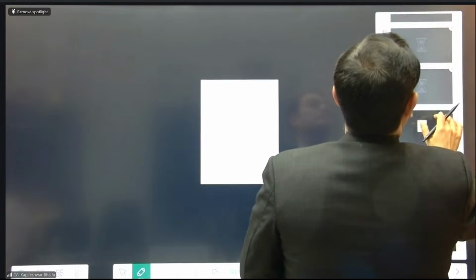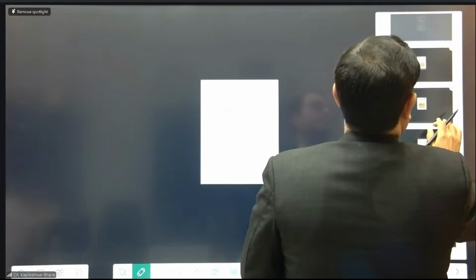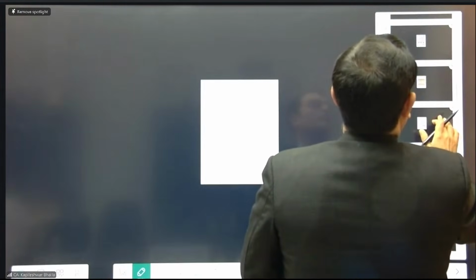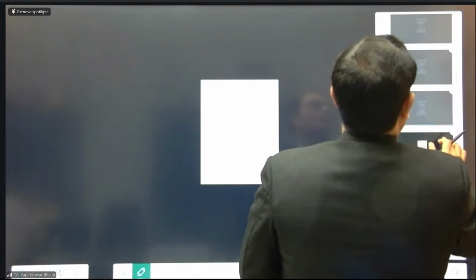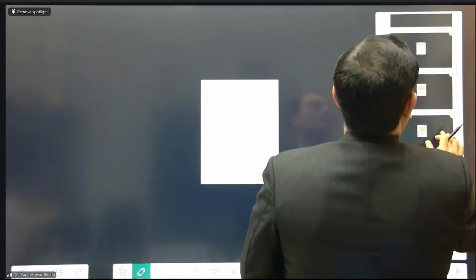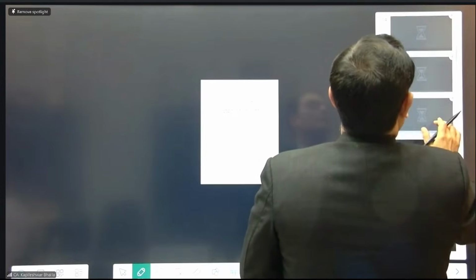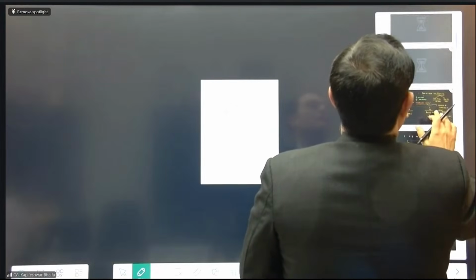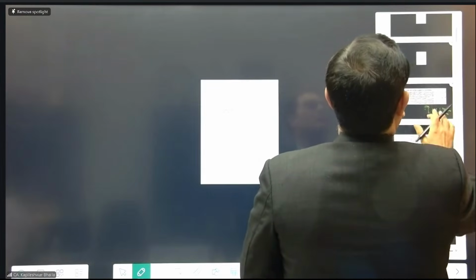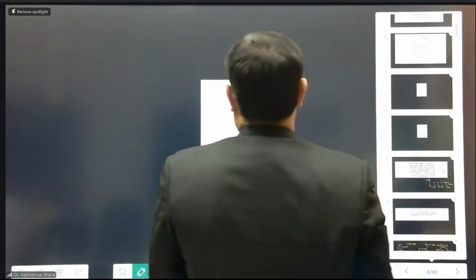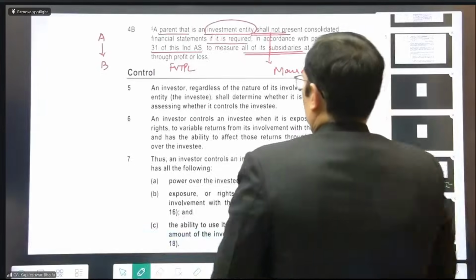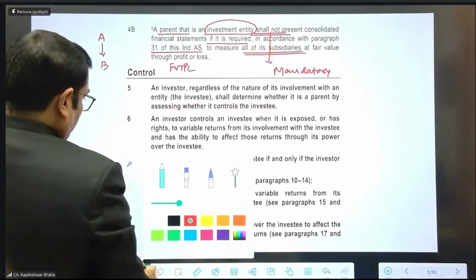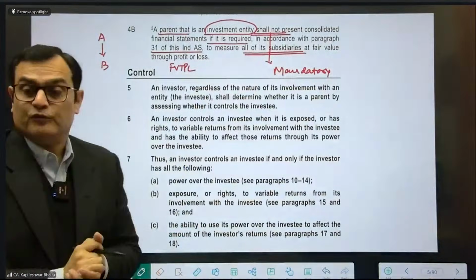Let me find the page where it is. So let's first come back to para number 5, which talks about the assessment of control.